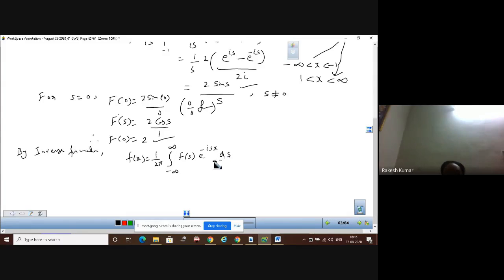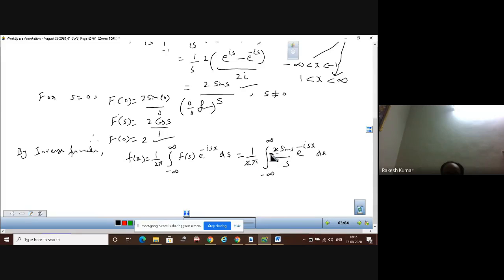This is by the inverse formula, and it comes out to be 1 upon 2 pi. You can substitute the value, that is 2 sin s over s e raised to power minus iota sx, with limits minus infinity to infinity.